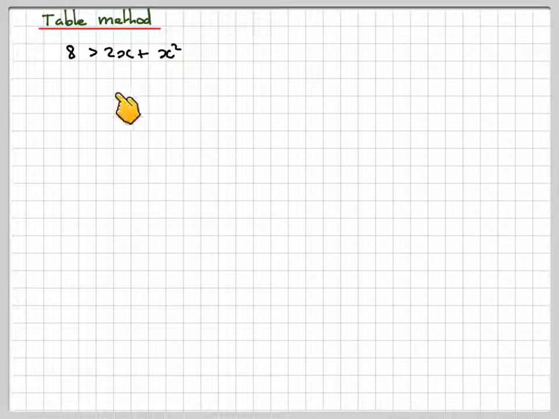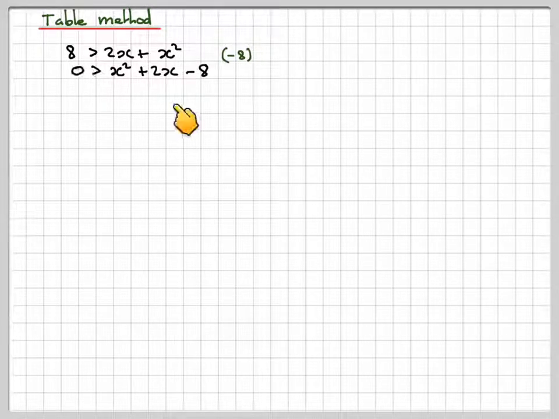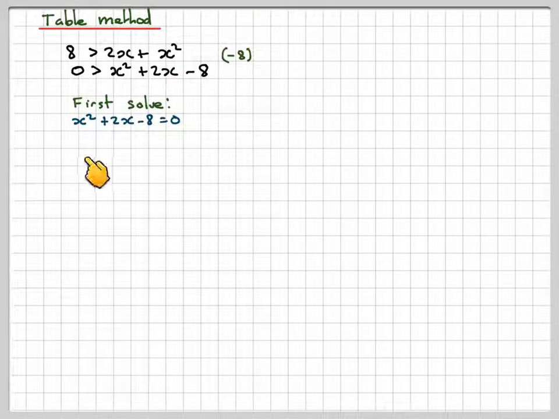Right, now the table method. You start out with 8 is greater than 2x plus x squared. This time I am going to take 8, so I get x squared plus 2x minus 8 is less than or equal to 0. And then first solve the equation x squared plus 2x minus 8 is equal to 0. We already solved it once, so we'll just nip through that.